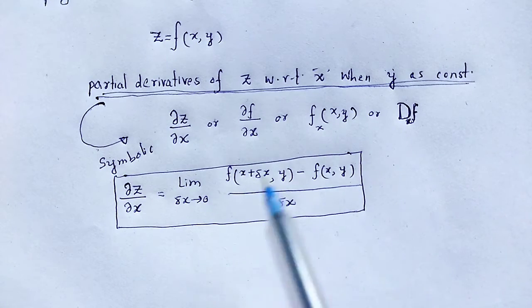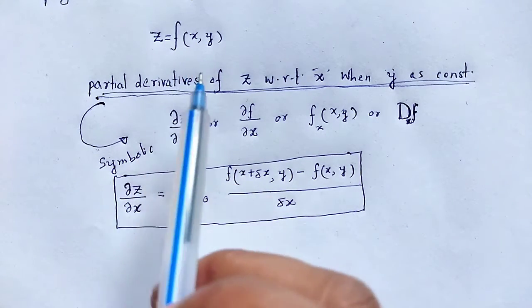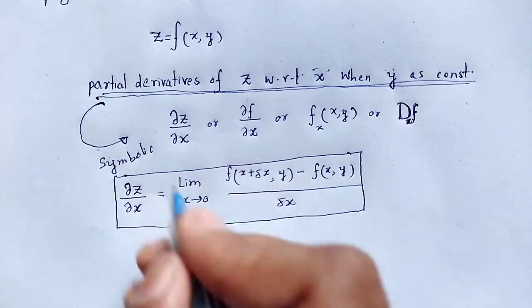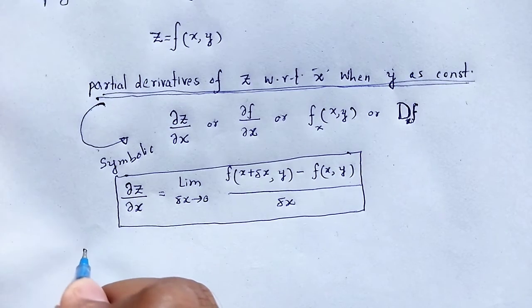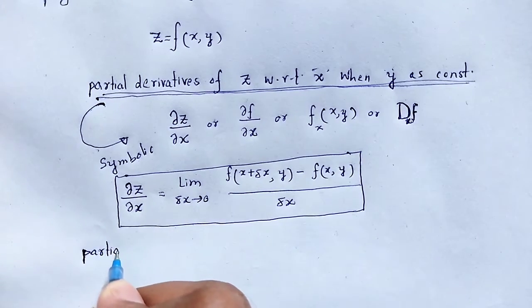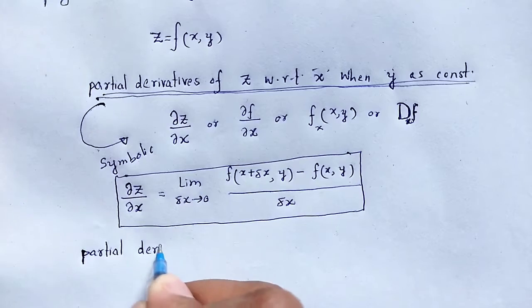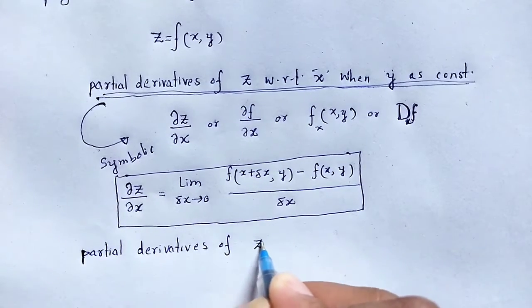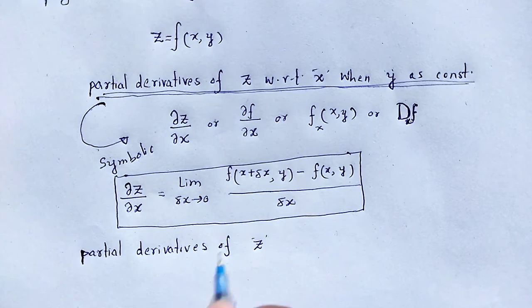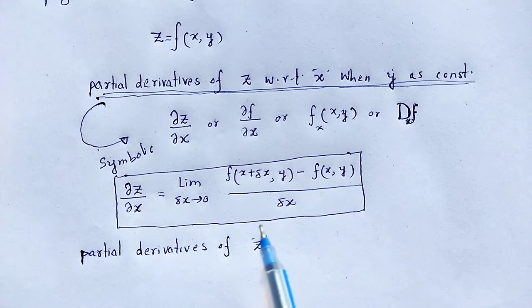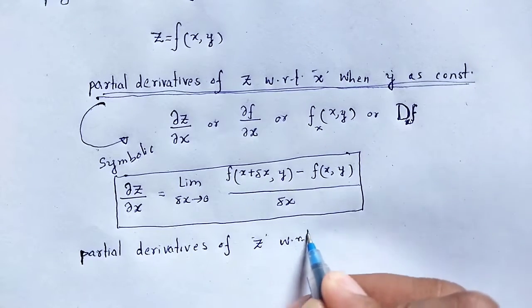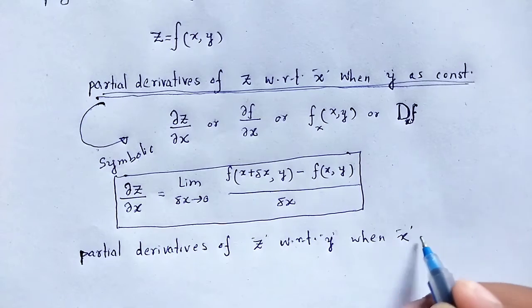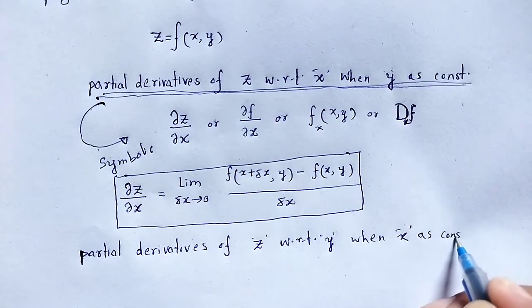Again, we write the partial derivative of z with respect to y when x is constant. The function is z equal to f of x, y, a two variable function.